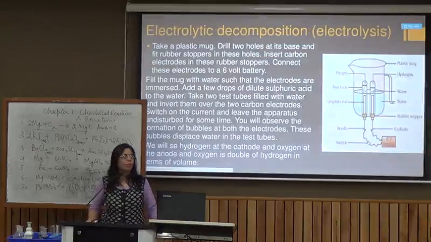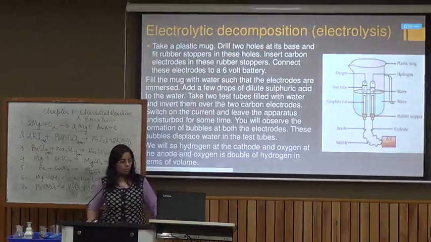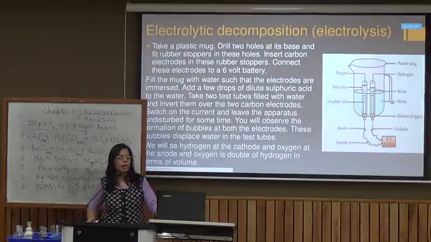Next is the case of electrolytic decomposition. When a decomposition reaction is carried out using electricity, all the electrolytic processes are electrolytic decomposition reactions. If you carry out the electrolysis of water, at the cathode you get hydrogen gas, and at the anode you get oxygen gas. They are produced in the proportion of 2:1 by volume.